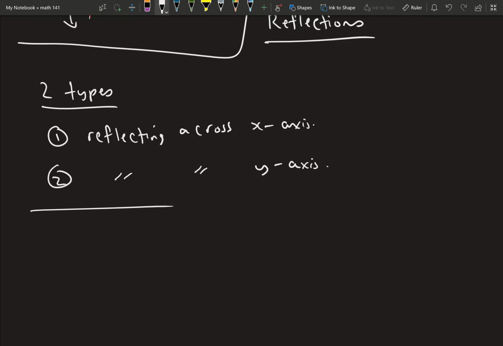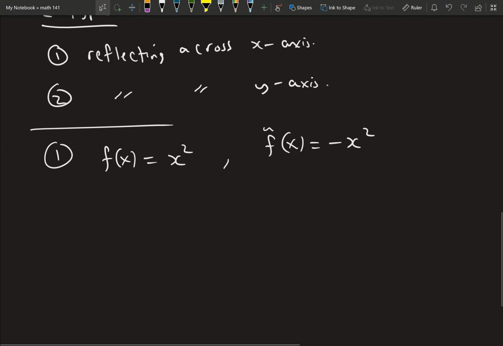So for one here, let's take f of x, our base function, to be x squared, and let's take f tilde to be negative x squared. Okay, so these are two graphs that we might have already seen. We definitely have seen x squared.